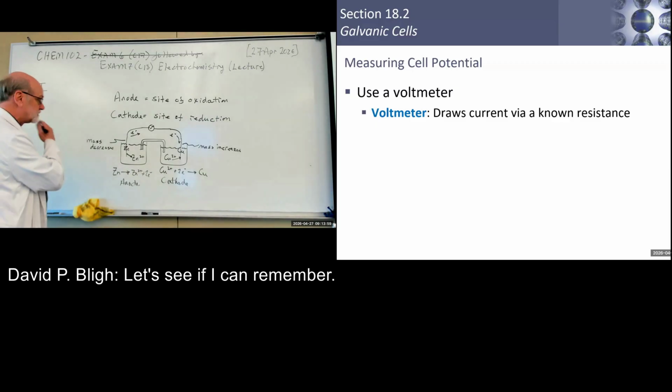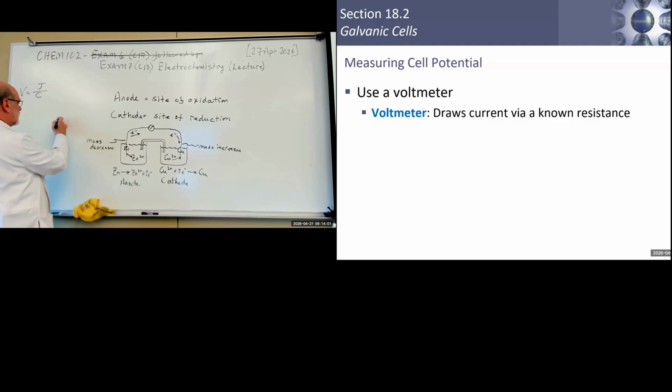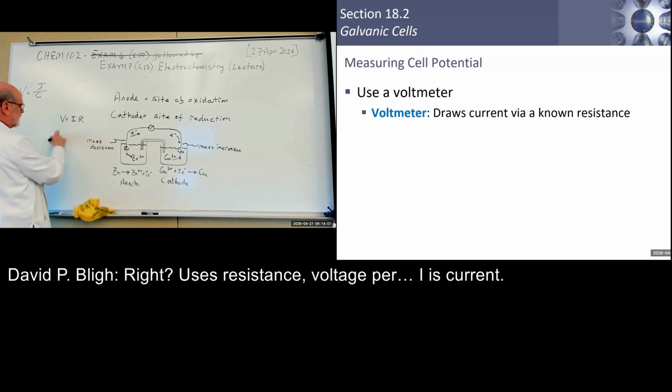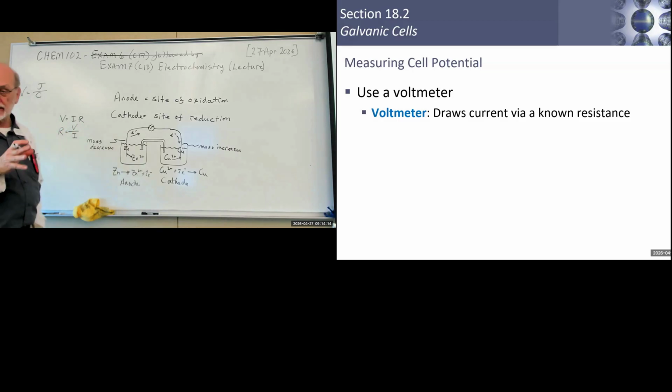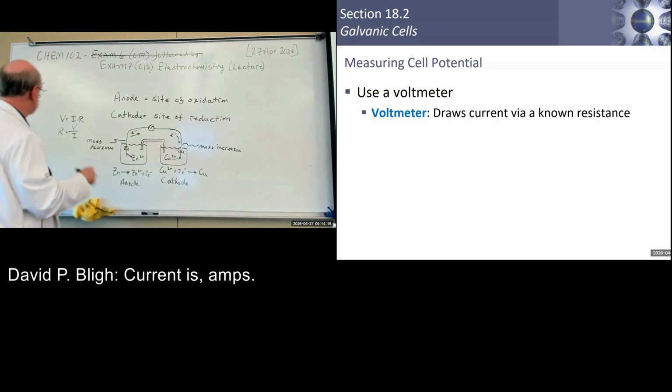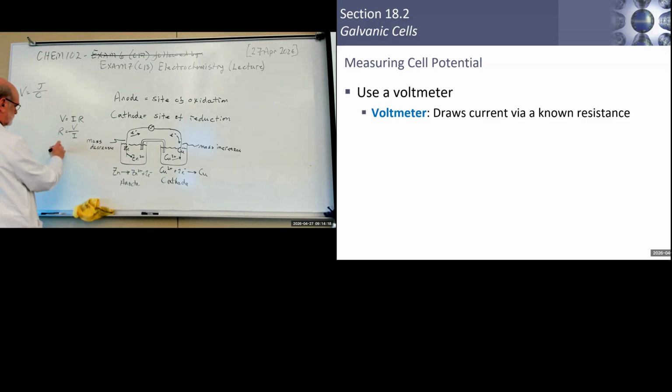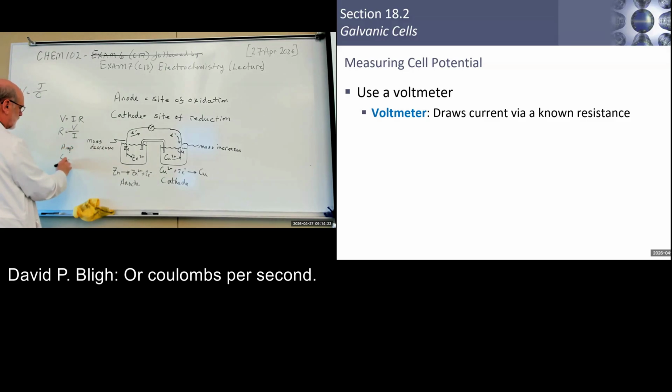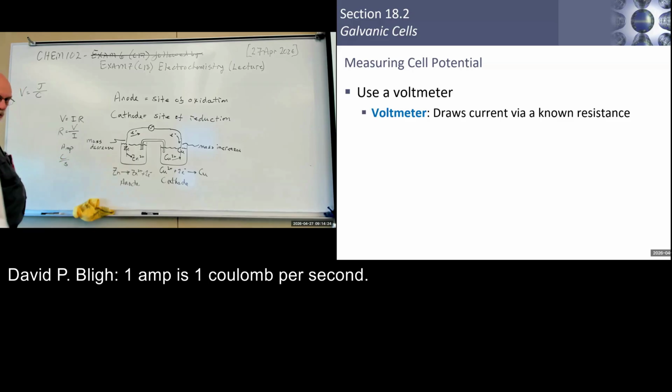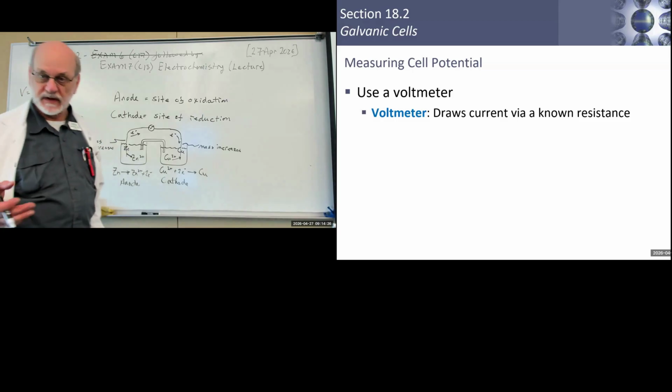Let's see if I can remember. Uses resistance. Voltage per I is current. Current is amps, or coulombs per second. 1 amp is 1 coulomb per second.